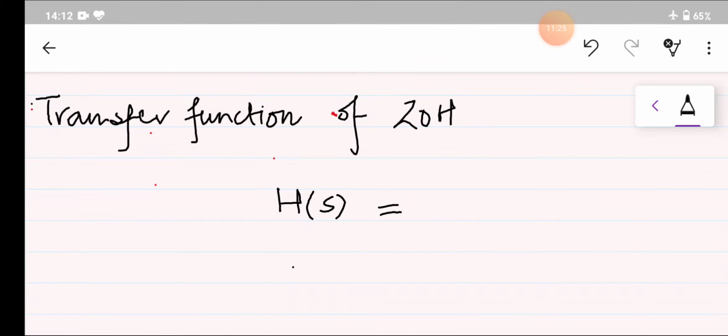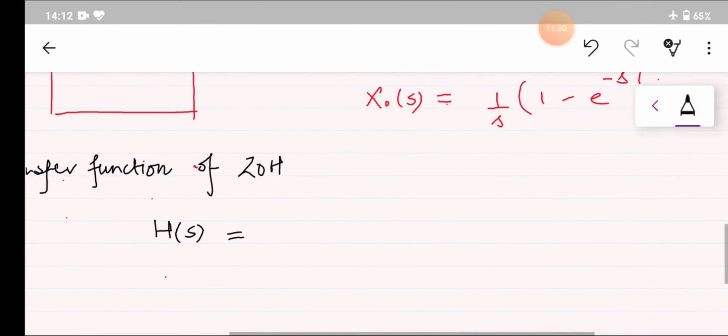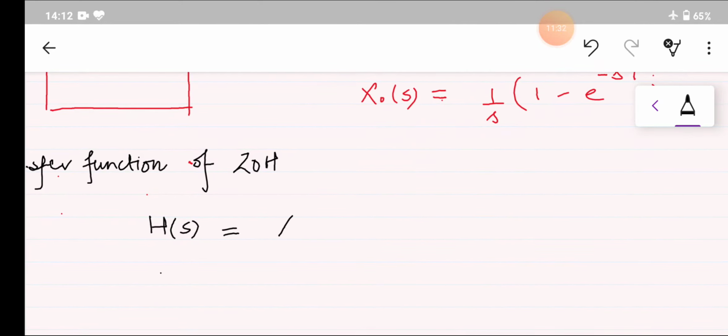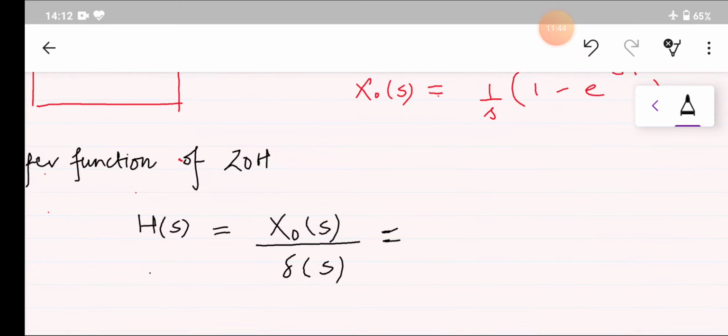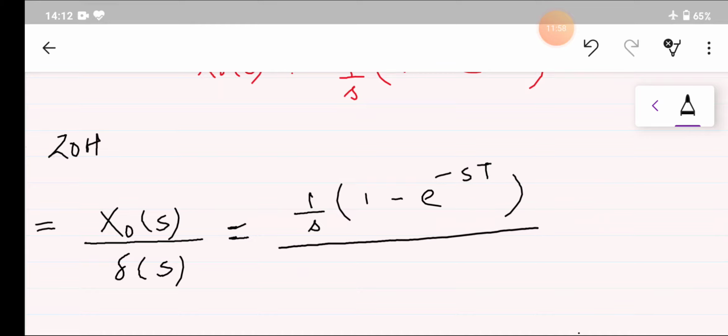So the Laplace transform of the output is X0(s), and the input is delta(s). So we are going to put 1 by s, 1 minus e to the power minus sT, divided by 1.